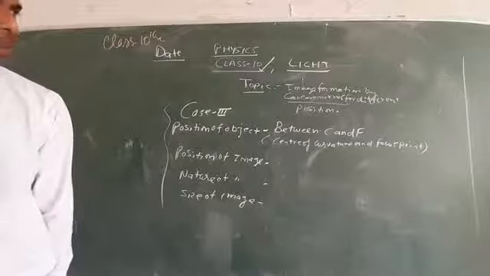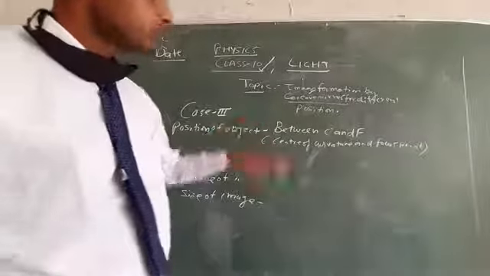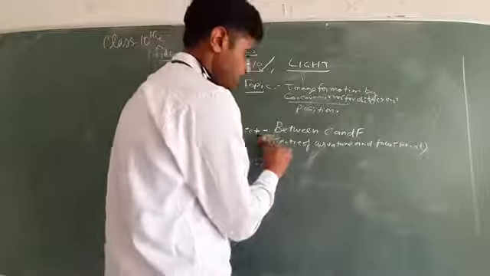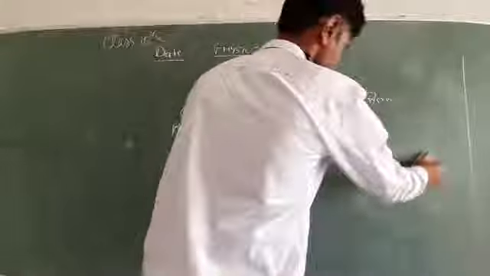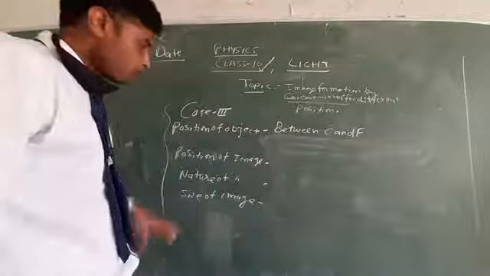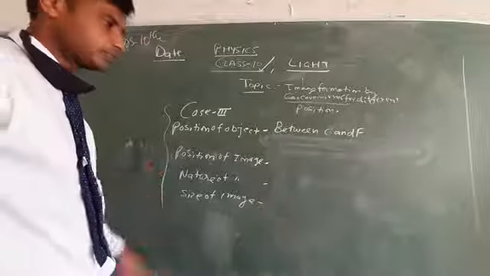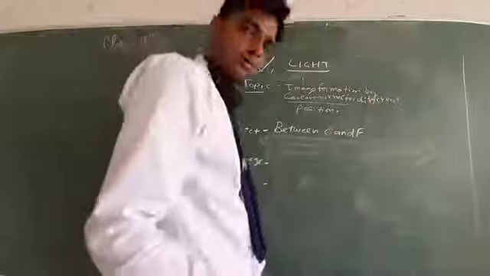Clear? Between C and F, between center of curvature and focus point. Now we have to discuss the position of image, nature of image and size. So you have to draw a diagram.